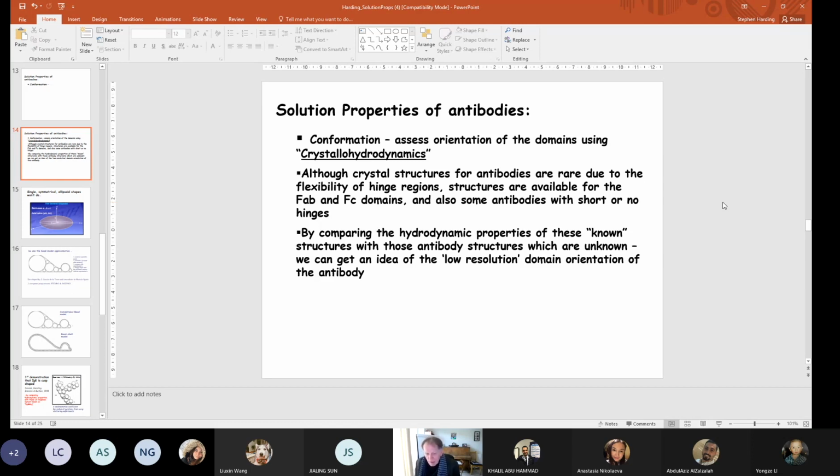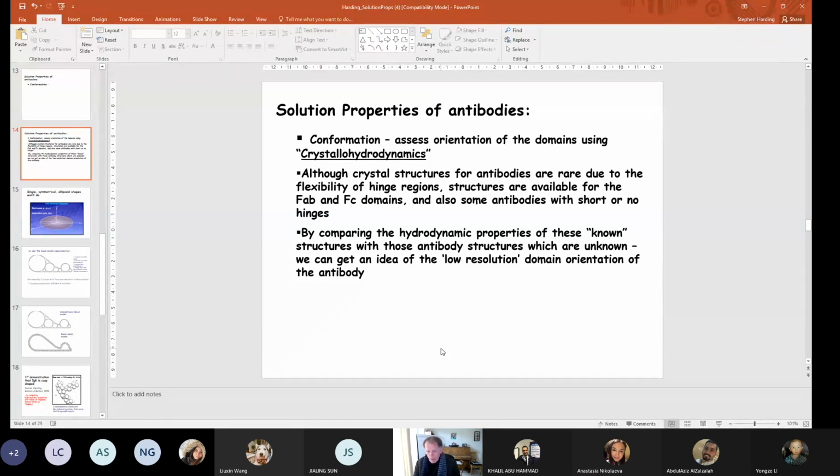And the idea is we can combine the solution measurements on the whole antibody molecule with knowledge from the solution measurements of the individual domains, the Fab and Fc domains, and then combine that with the known crystal structures of the Fab and Fc domains to find out what the structure of the intact antibody molecule is.